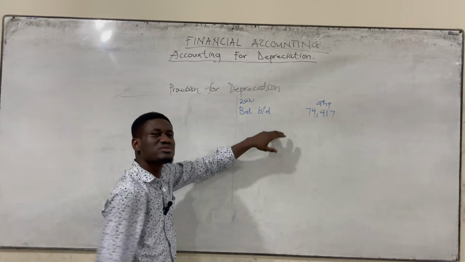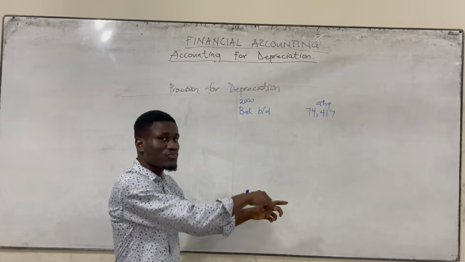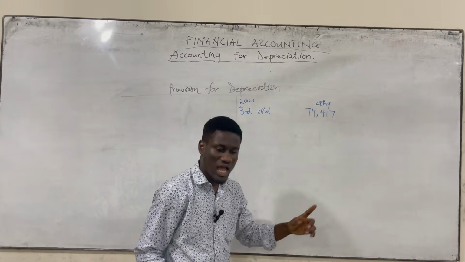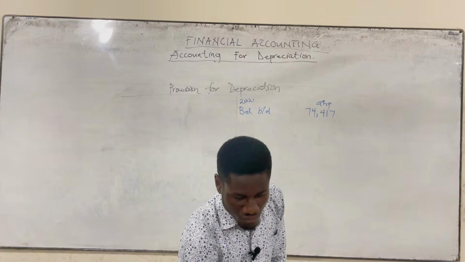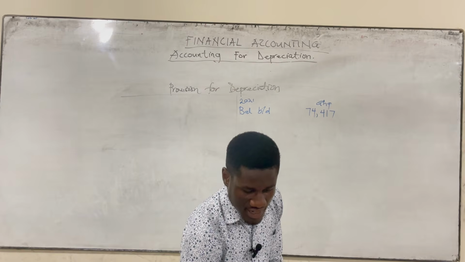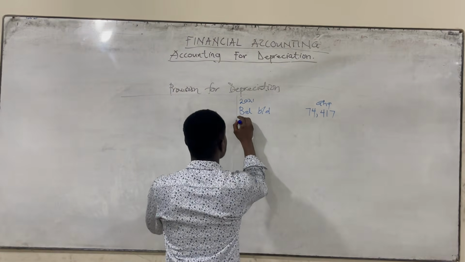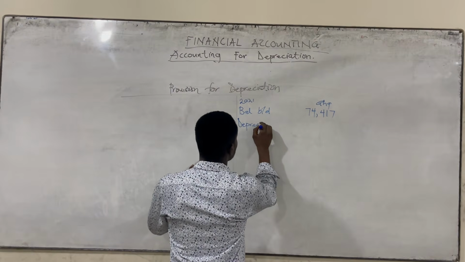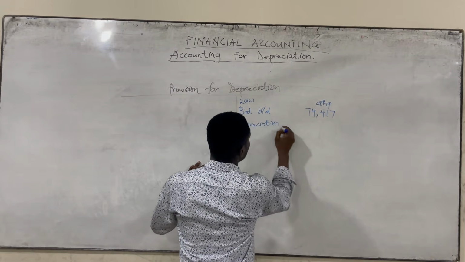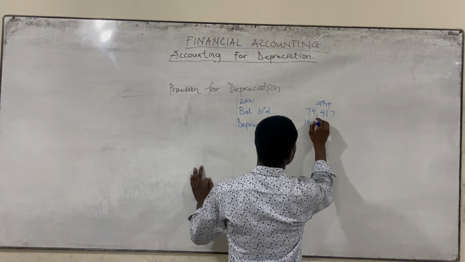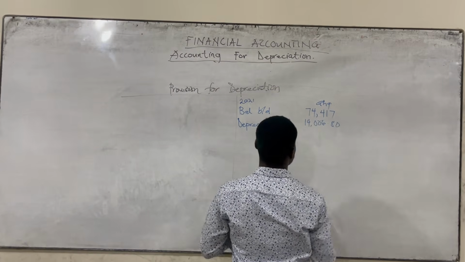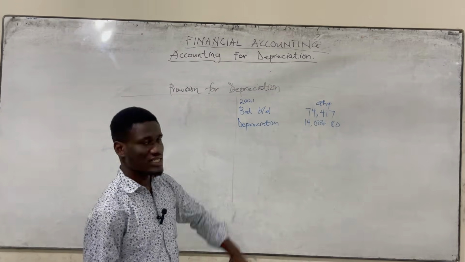Then what's our new depreciation for that year? That is what we've already calculated, and we had that depreciation to be 14,006.8. Good. So this was our depreciation.